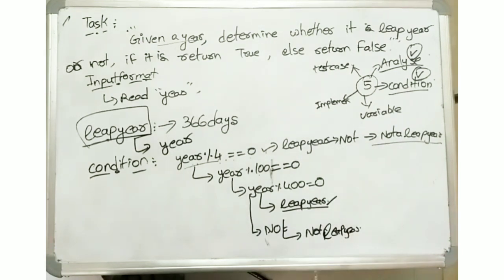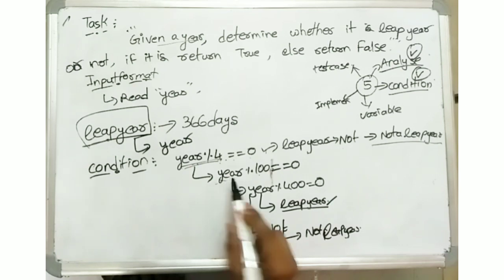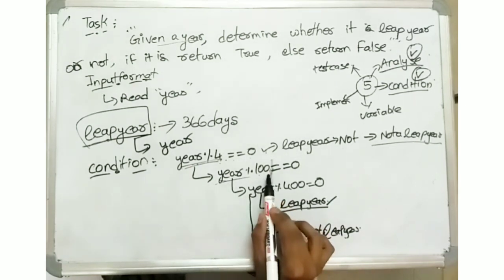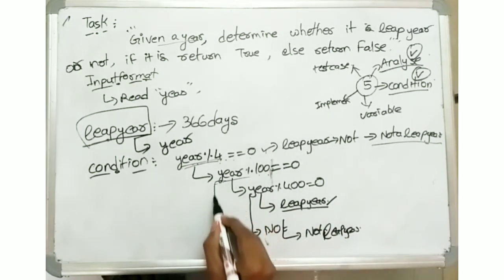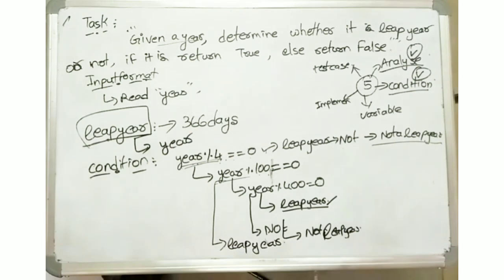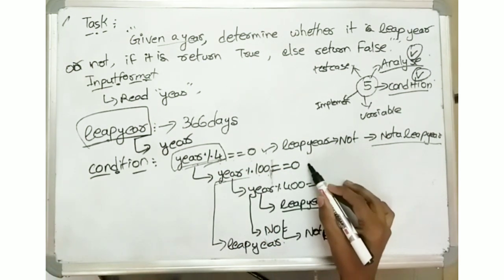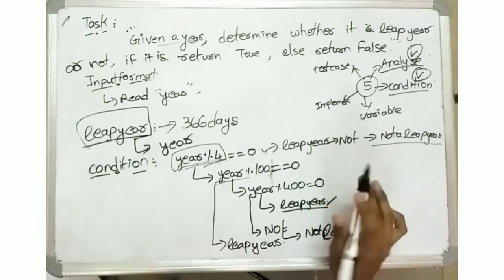Okay. Another condition is if the year is divisible by 4, and the year is again divisible by 100. If it is not divisible by 100, then no issues, we can write it as a leap year. These are the conditions that we need to analyze. If the year is divisible by 4, we need to check whether the given year is divisible by 100 or not.